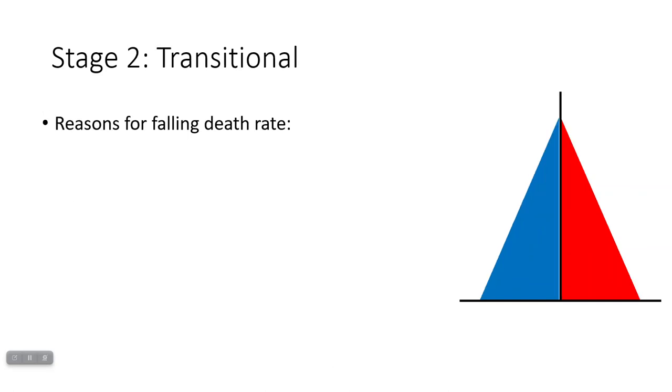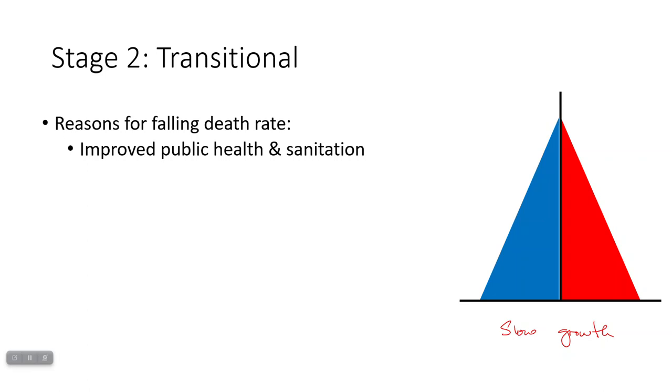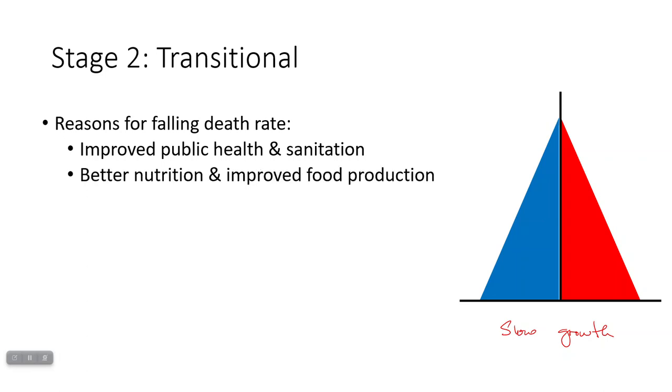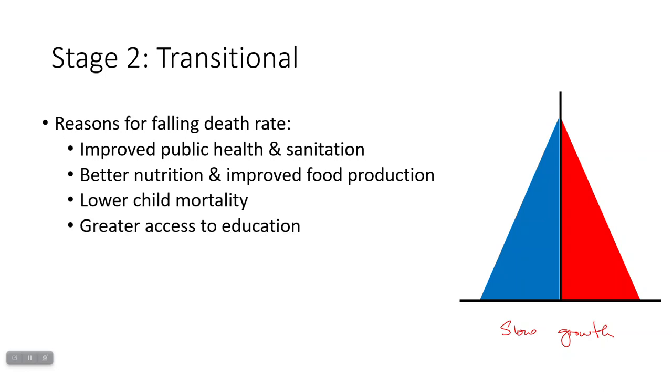Now, after that, you have the transitional stage, where you have slow population growth. That's the age structure diagram you have with it. And you have a falling death rate because of improved health and sanitation, more food availability, so that's better nutrition, and lower child mortality.